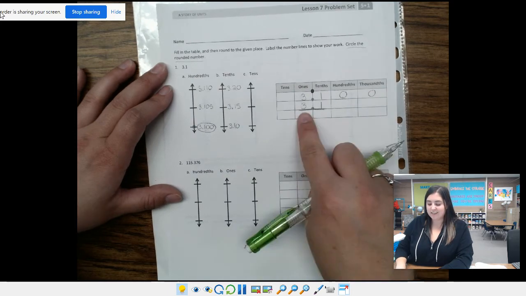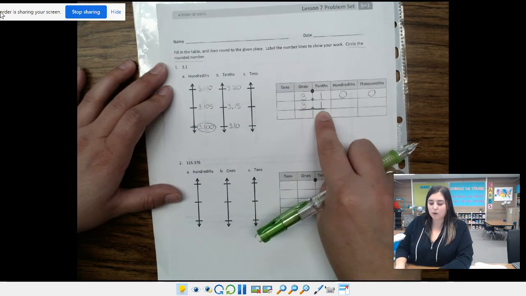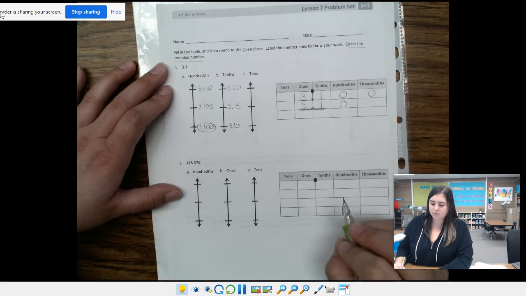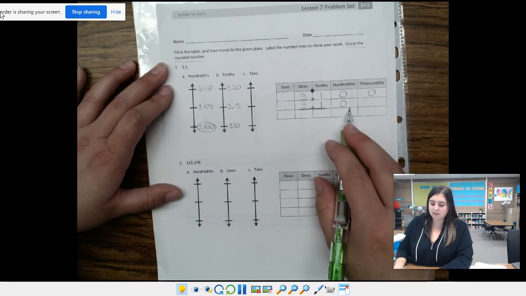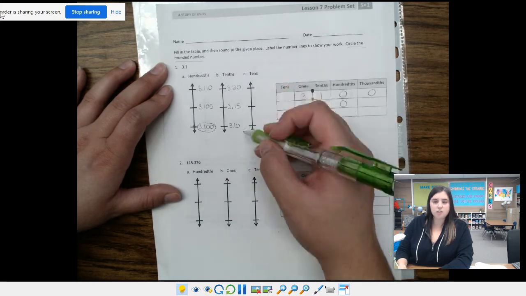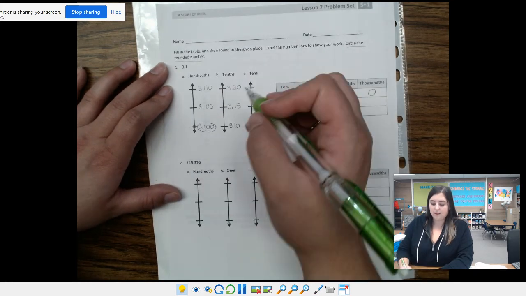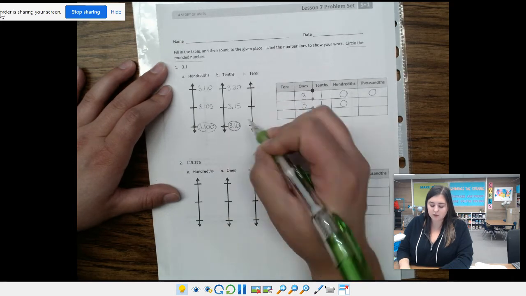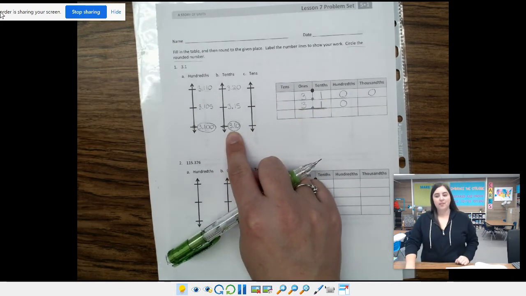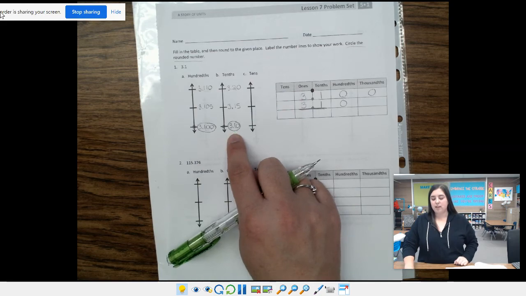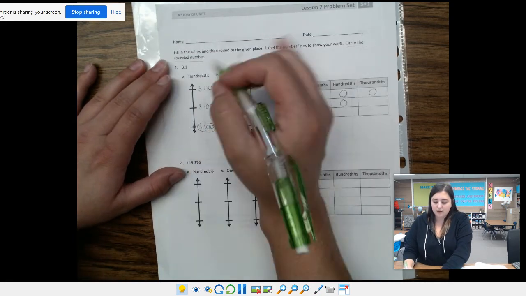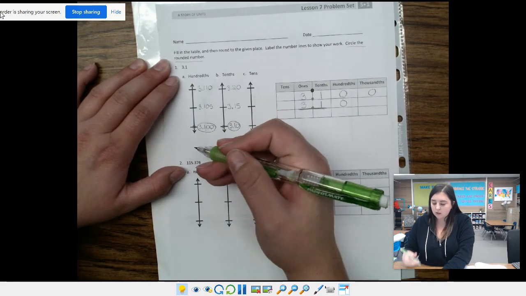Again, where does our number lie? 3.1. And if it helps you, you could add a 0. $3.10. Where is that in relation to these numbers? Again, it's the exact same as this bottom one. So I'm going to round down to $3.10 or 3.1.